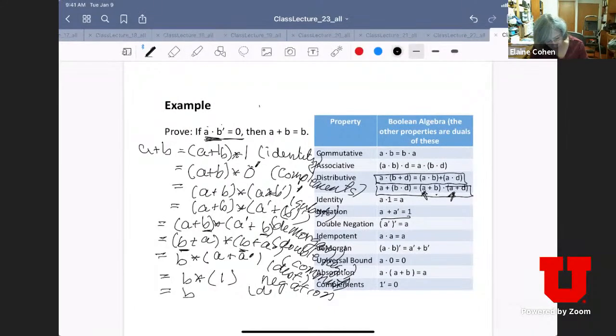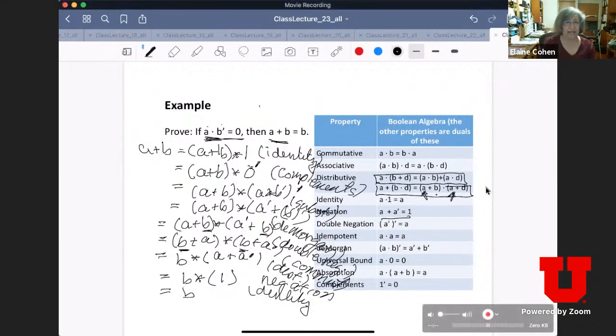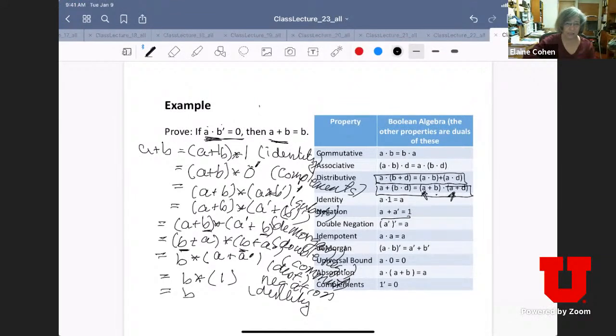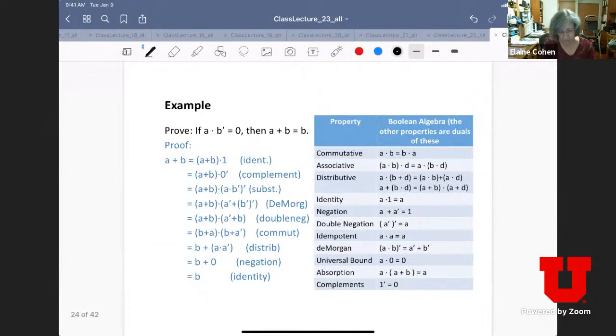Identity. Every step, we start out saying, okay, I plug that in. Each step I have a rule that I can use about equivalencies. Okay? Great.